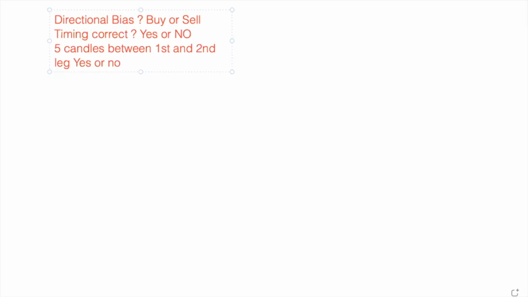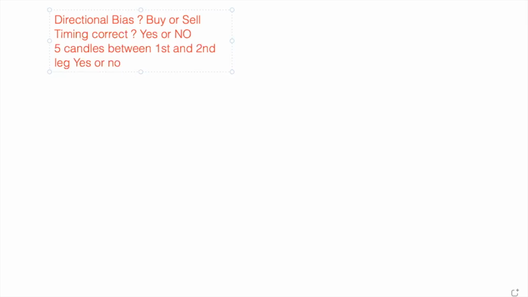You got to have the pattern itself: railroad track, star pattern, quarter wood, those kinds of patterns. You could have TDI bouncing off the 50 line. That's a confirmation. Make sure it's in the London box or the New York box. That's the timing aspect of it.